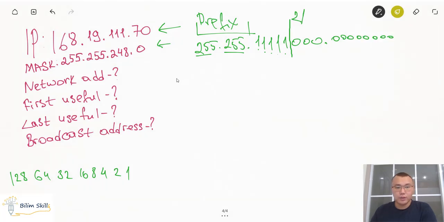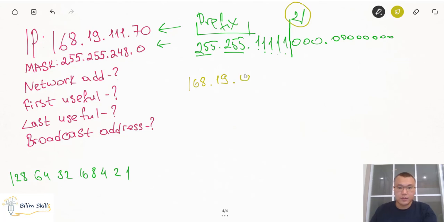We find this prefix number 21. It is in the third octet. The first octet we will leave as it appears, it is 19, and we will convert this 111 to binary form.